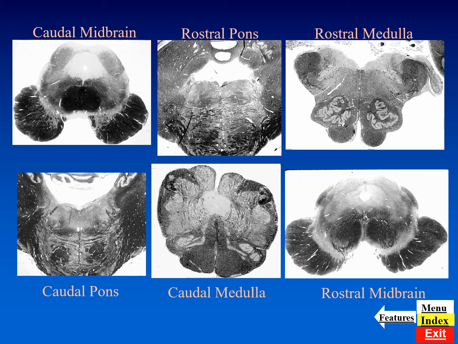But the main feature being one is open, one's closed. And in the rostral medulla, you have an inferior olivary nucleus. That's very distinctive for the rostral medulla. In the caudal medulla, you have two distinctive nuclei dorsally, and they are the nucleus gracilis and cuneatus.